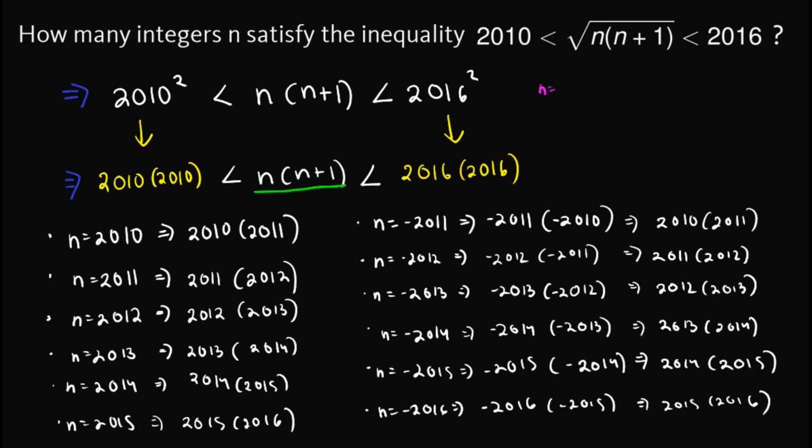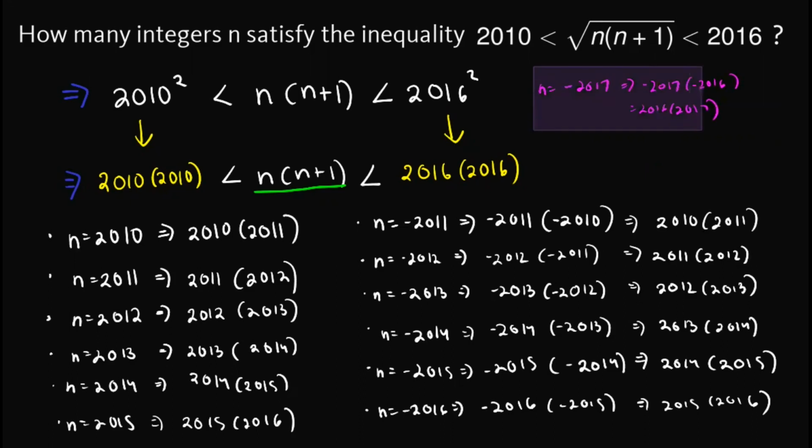And if we take a lower value than negative 2016, say negative 2017, then the expression inside becomes negative 2017 times negative 2016, which would give us 2016 times 2017, which is again not part of our inequality as shown previously.